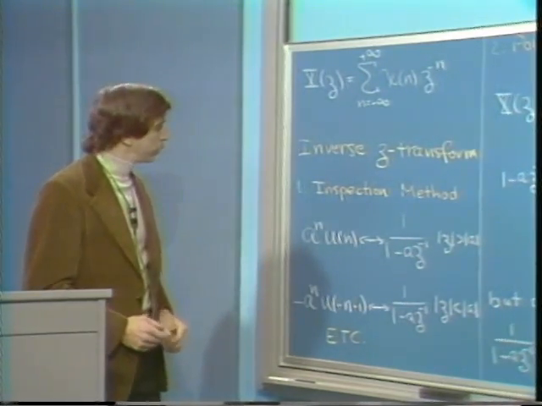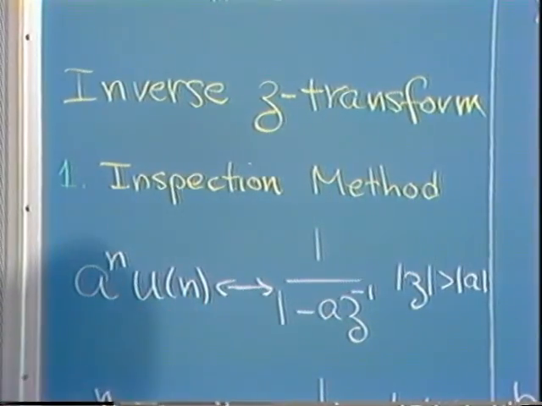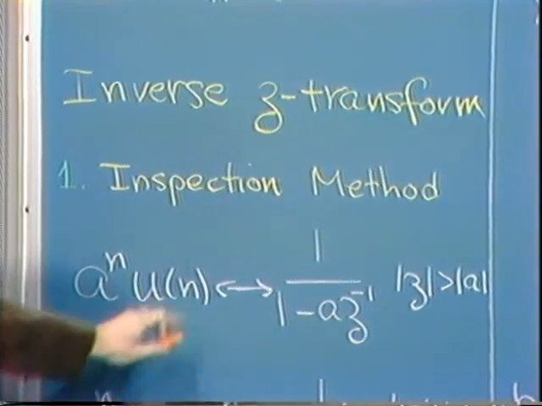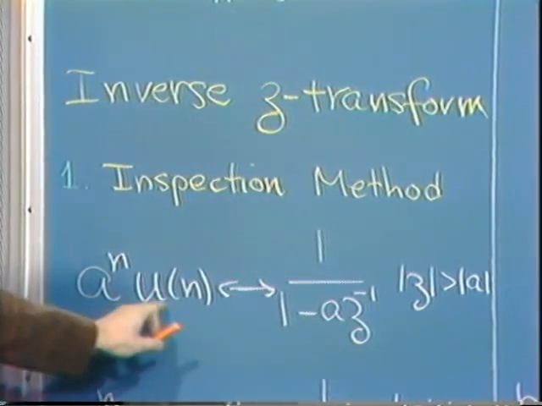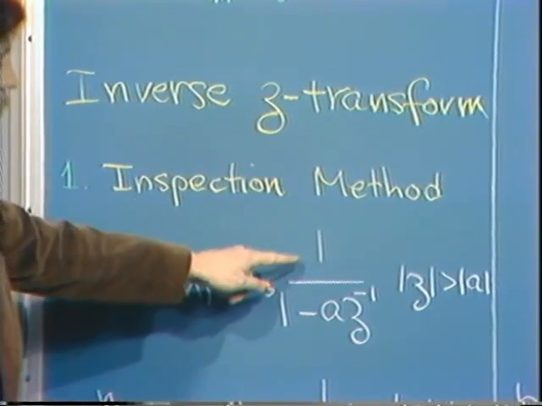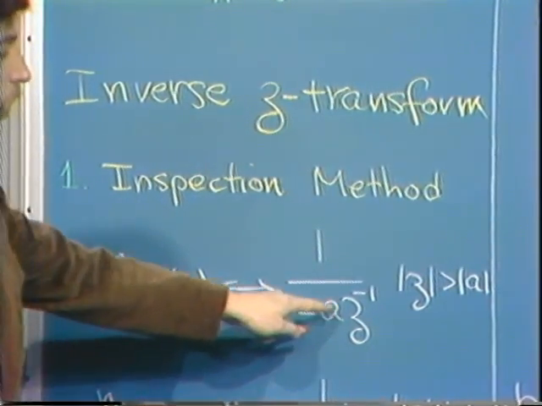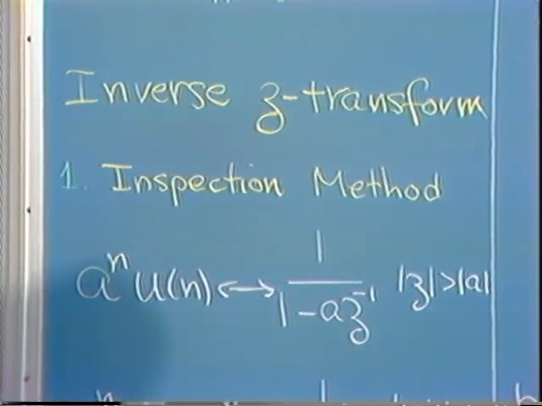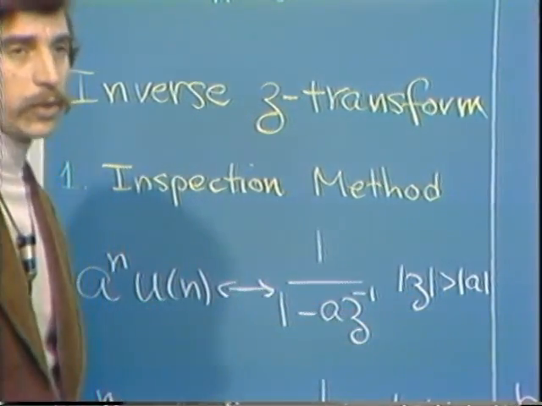For example, we have worked several times now the computation of the Z-transform of an exponential sequence, which is a right-sided sequence, and gotten as the answer 1 over 1 minus a z to the minus 1, with a region of convergence for the magnitude of z greater than the magnitude of a.